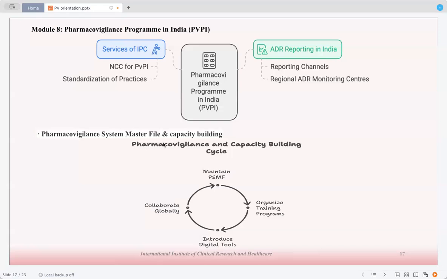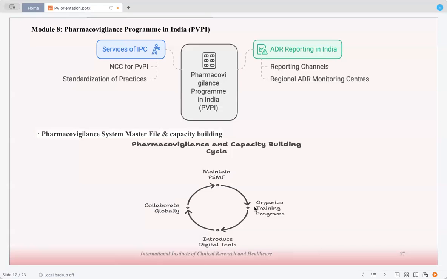Next, the pharmacovigilance system master file and capacity building. The pharmacovigilance system master file is a comprehensive document that outlines the pharmacovigilance system in place at an organization, detailing roles, processes, and responsibilities to ensure compliance with regulatory requirements. Training programs are also organized.